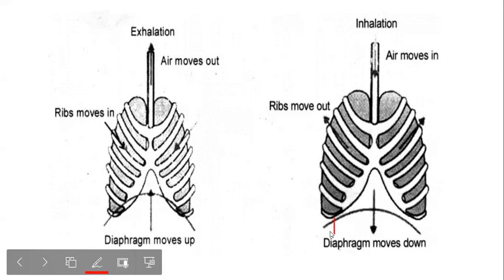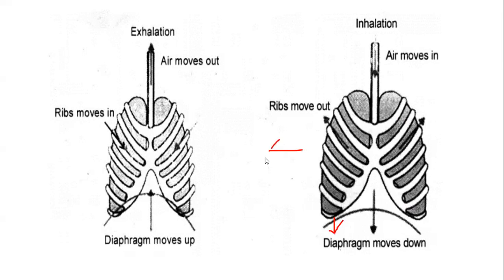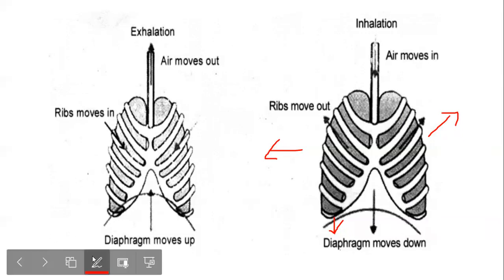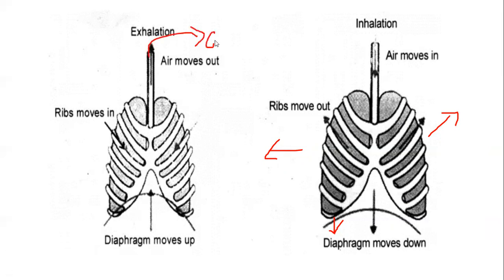So here, the diaphragm is moving down and the lungs completely expand. When they expand, air is inhaled, air moves in. And when the diaphragm moves up, the lungs contract and the air is exhaled.